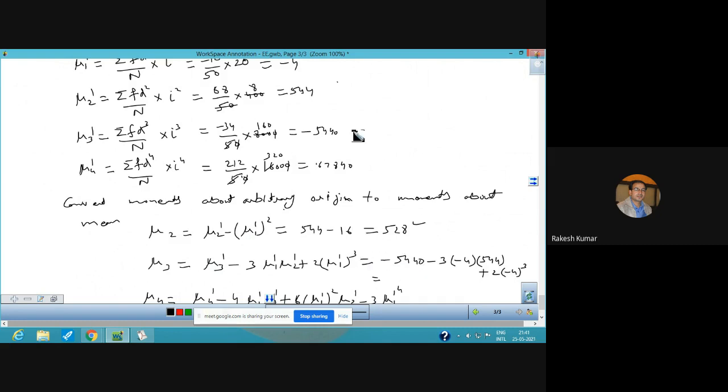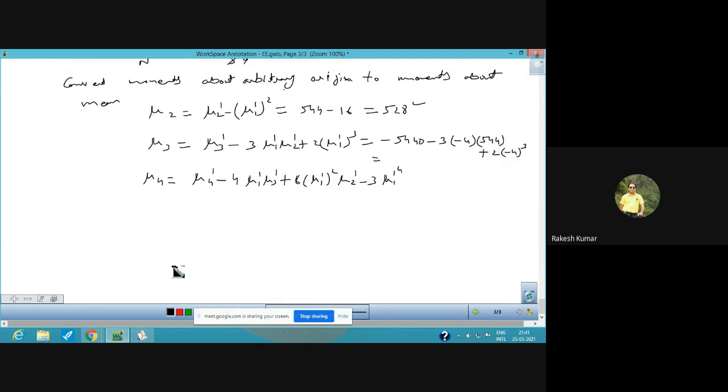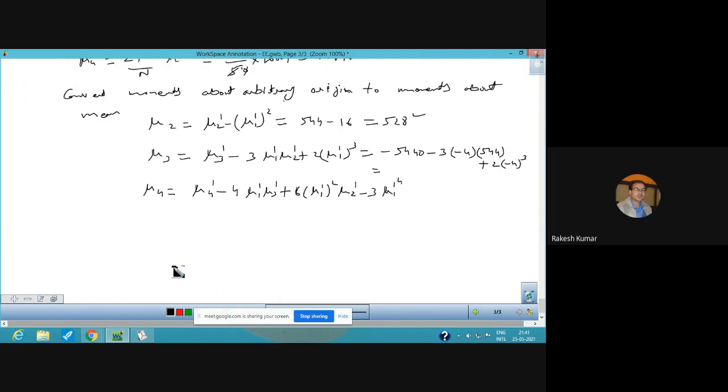Now mu3 dash is this, and let us calculate this, and it comes out to be negative 5440.